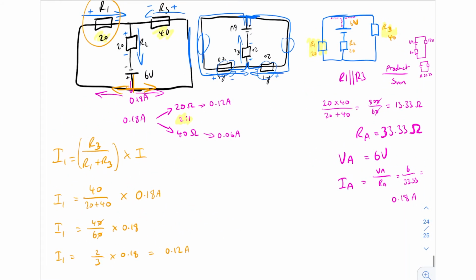So now we have the values of I1. We know that I1 is equal to 0.12 amps. We also now know that I3 is equal to 0.06 amps. So now how do we find out I2? So just obviously know that current's not being used up in the circuit, right?